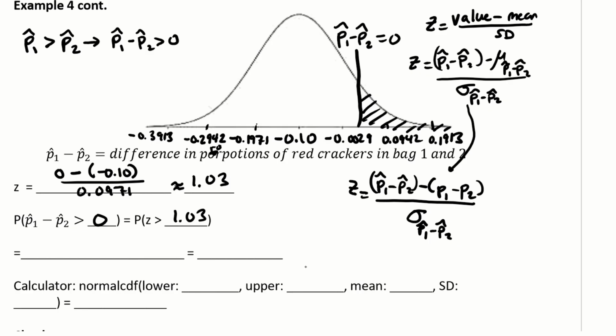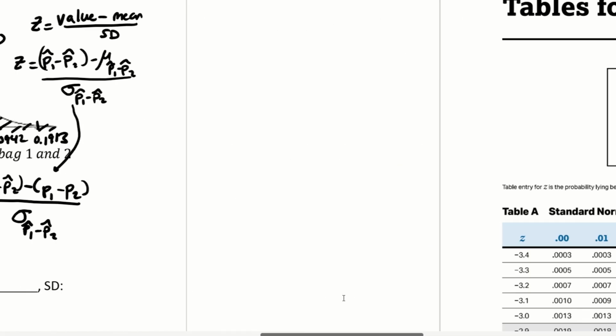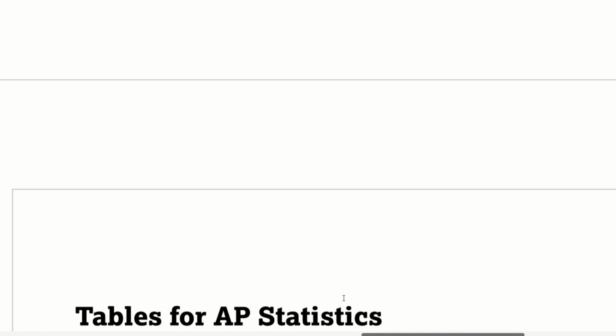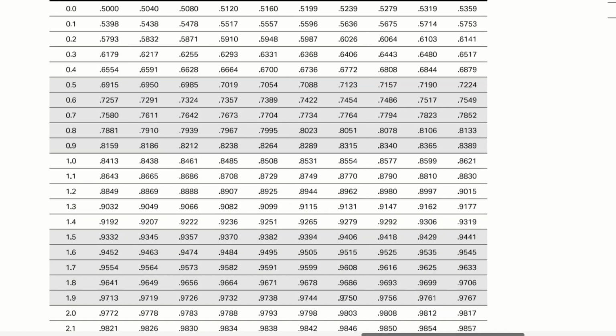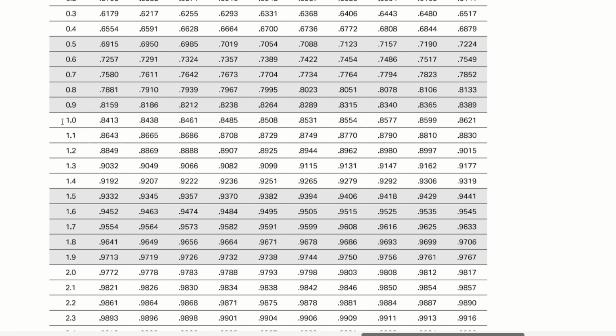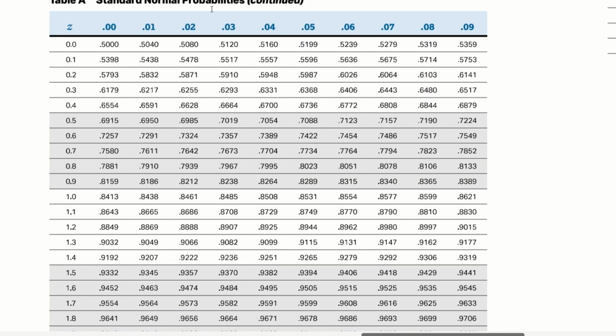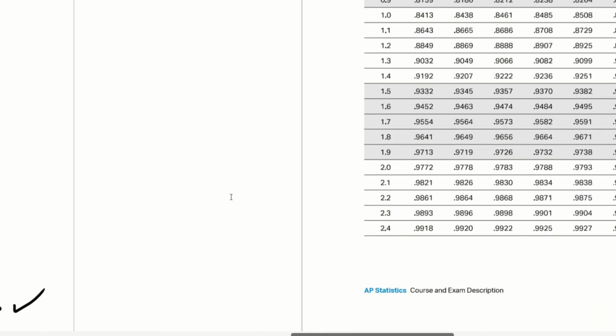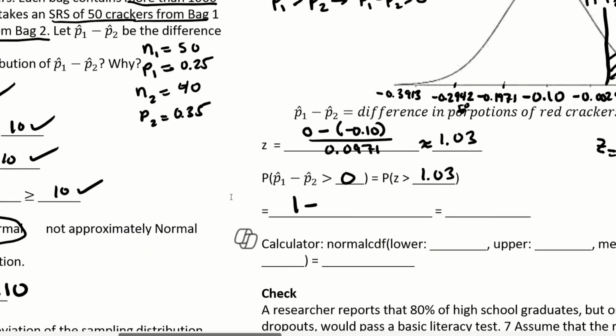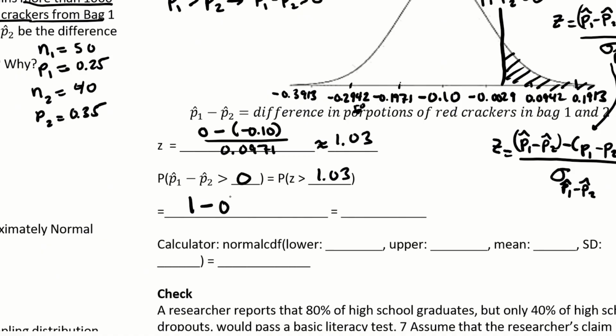Right, so 1.03, which is 0.8485. Okay, 0.8485, 1 minus that is 0.1515. There you go. That's the probability.